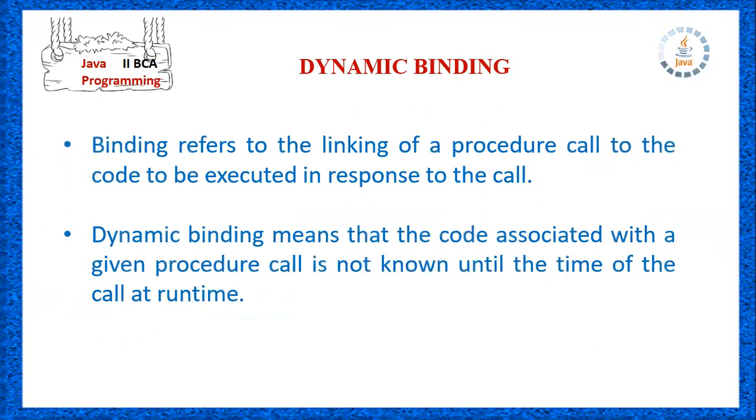Dynamic binding refers to the linking of a procedure call to the code to be executed in response to the call. That means the code associated with a given procedure call is not known until the time of the call at runtime. Simply we can say dynamic binding means the method call is bound to the method body at runtime.